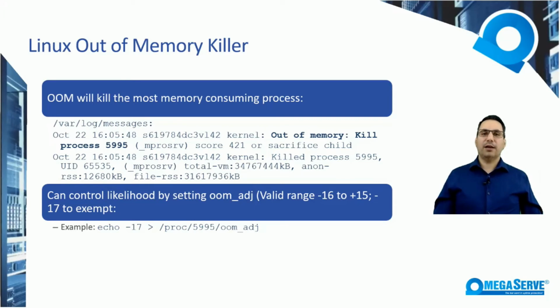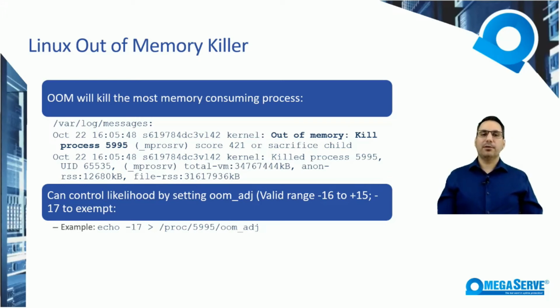And then after some digging, you'll find in your log file that, hey, there's an out-of-memory kill, process ID 595, whatever, and find out that your main process has been killed. So the killable score, if you will, is configurable.